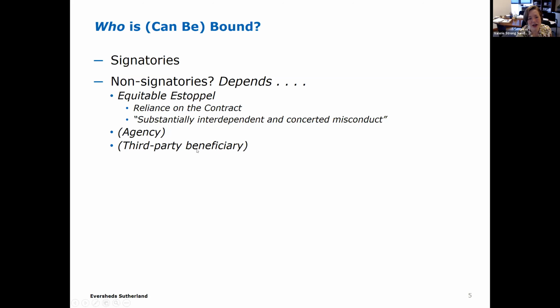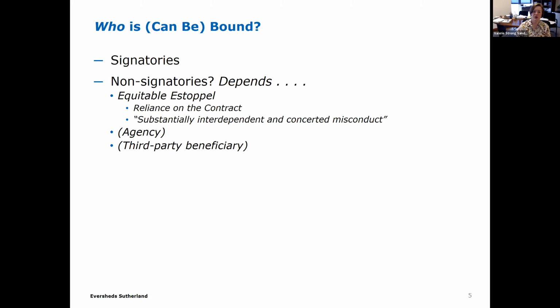I've put agency and third party beneficiary in parentheses because, analytically, those are not that distinct from the overall notion of equitable estoppel, right? I mean, if I'm a third-party beneficiary under a contract that includes an arbitration agreement, and I'm suing some folks saying, hey, I didn't get the benefit that I was supposed to have under this contract, it seems to me a species of equitable estoppel for those defendants to say, if they wish to, well, the contract under which you're claiming a benefit has an arbitration agreement.